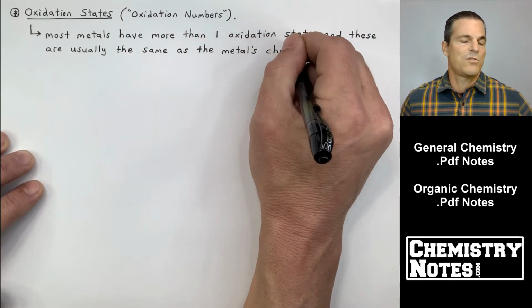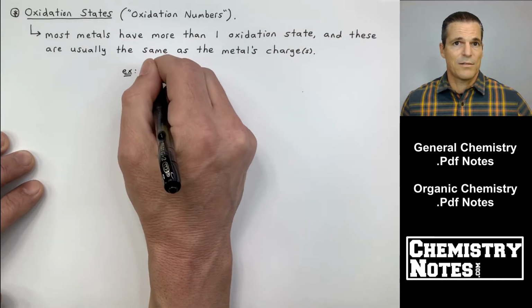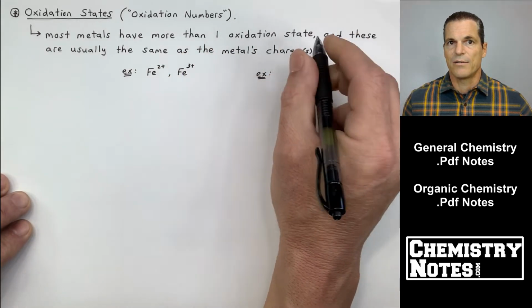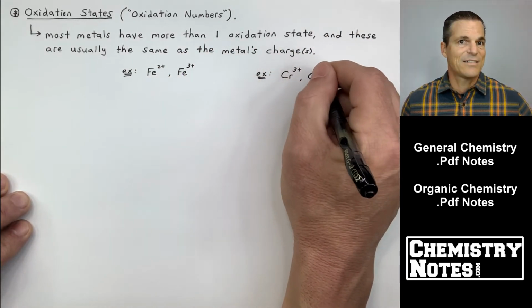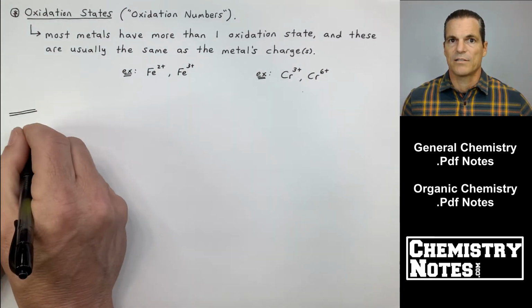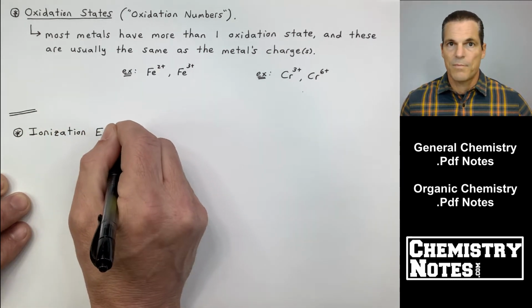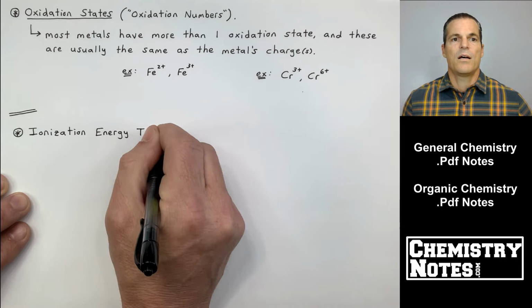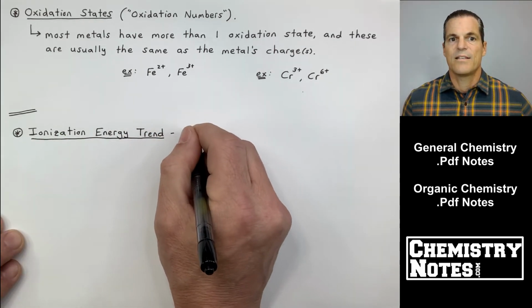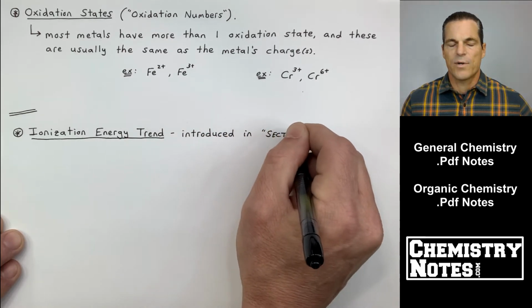And these 2 numbers are usually the same. For example, Fe can be a 2 plus or a 3 plus. Those are also the oxidation states for iron. Okay, chromium, it can be a bunch of other things, but it likes to be 3 plus and 6 plus. Those are also common oxidation numbers. Copper plus 1, copper plus 2 is another one, right? Tin plus 2 versus tin plus 4, right? Tin is Sn, if you remember. So that's oxidation states very quickly.